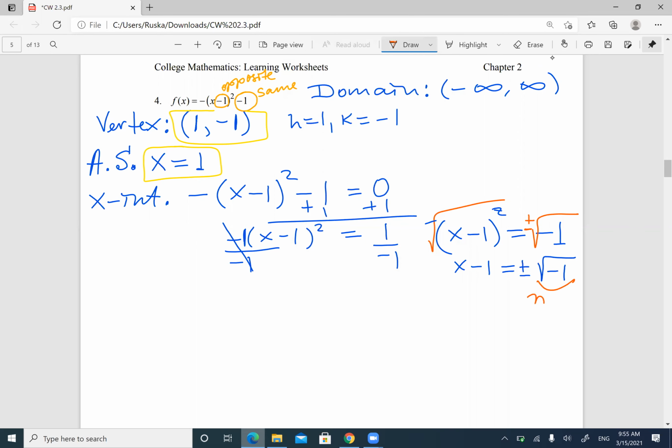The square root of a negative number is not real, and if you put it in the calculator, it's going to give you an error. So that means there are no x-intercepts. That means the graph is not crossing the x-axis, which is okay.